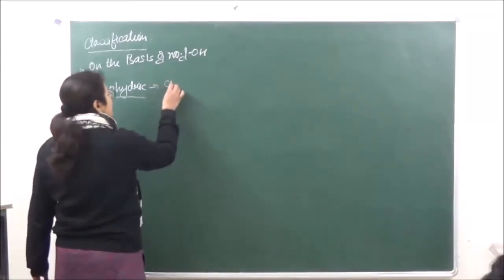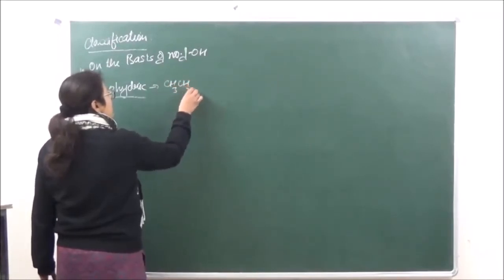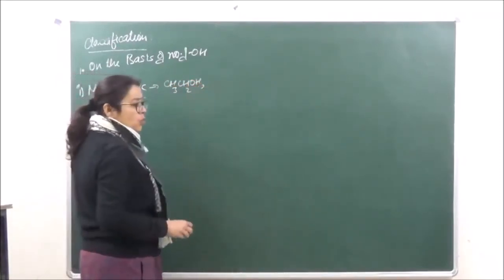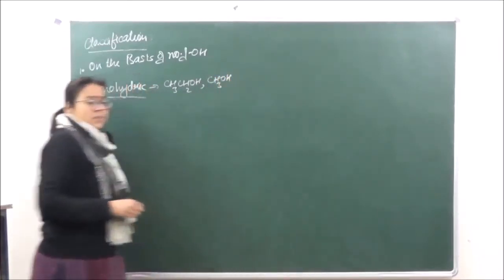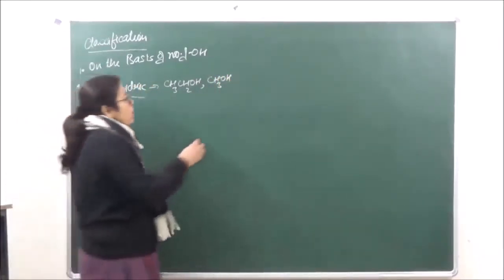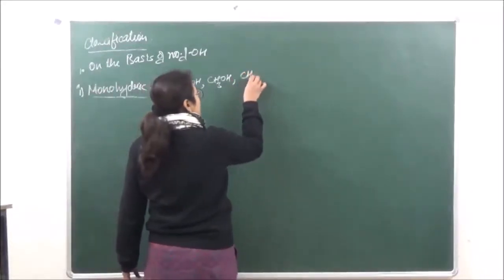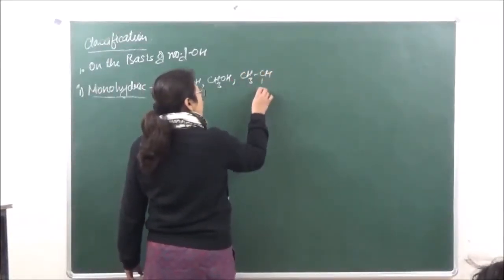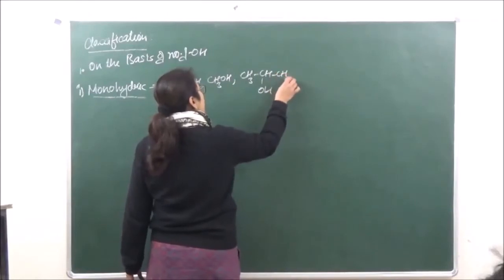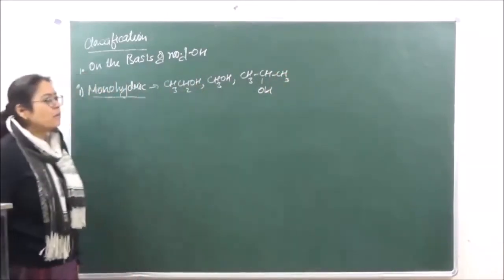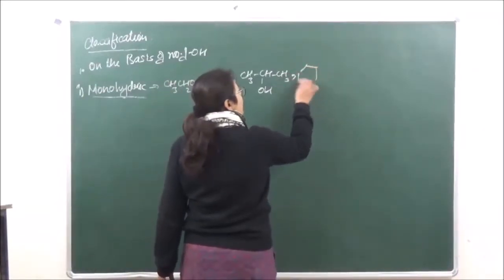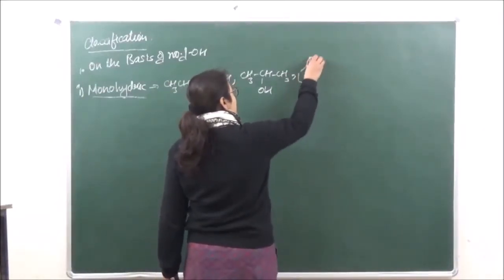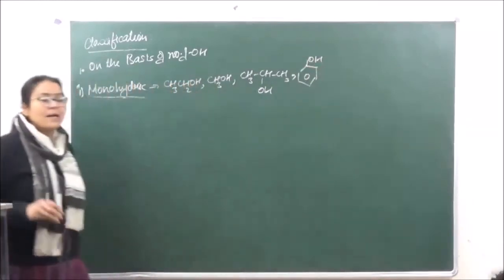For example, we have many examples, CH3CH2OH, or CH3OH. All those compounds which are going to have one functional group, they are monohydric. In this case, even phenol can be taken as one of the examples because it has only one OH group.